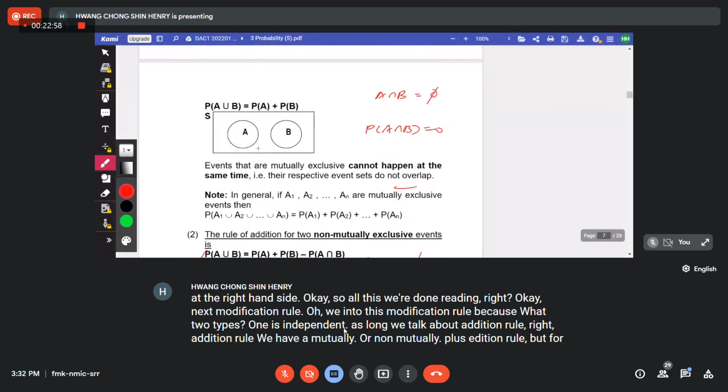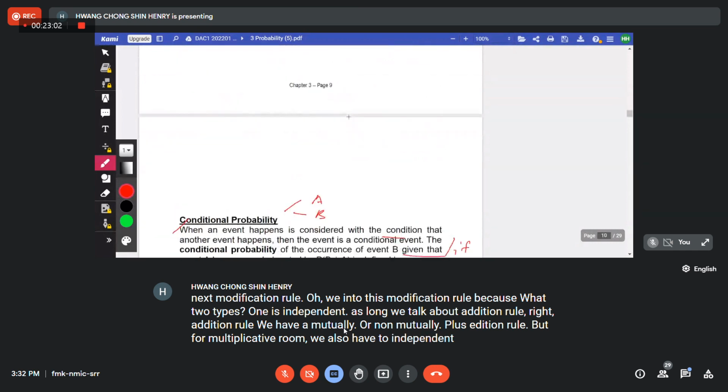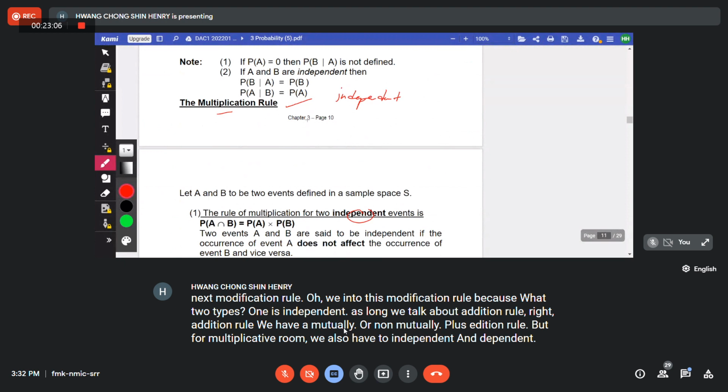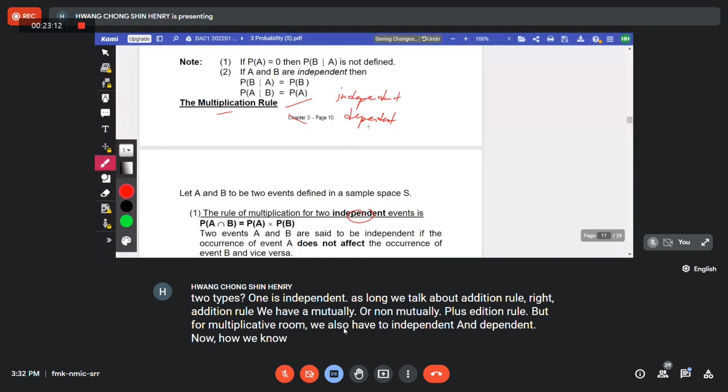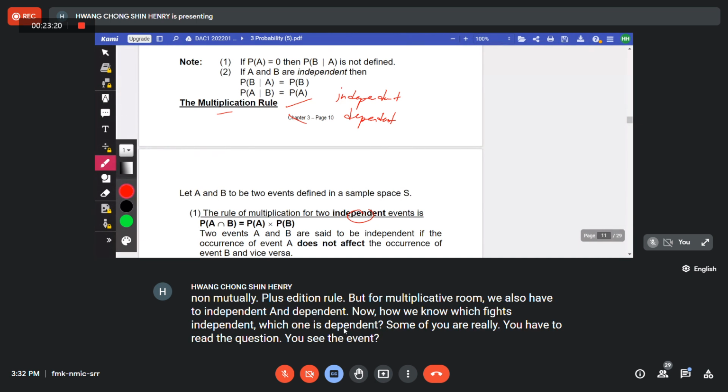But for the multiplication rule, we also have two, independent and dependent. Now, how do we know which one is independent, which one is dependent? Some of you asked already. You have to read the question, you see the event. You have to judge yourself.